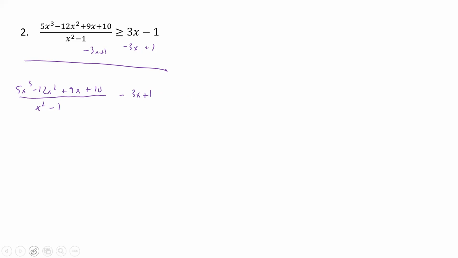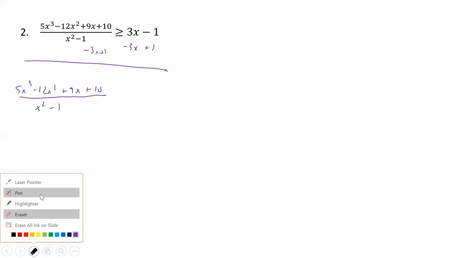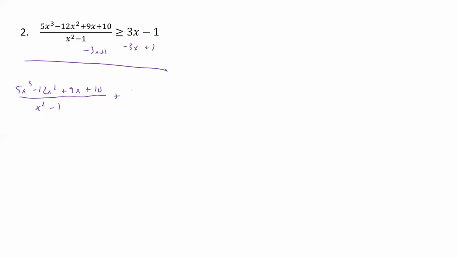Since we have to multiply anyway, let's just do it all in one thing. So it's going to be plus negative 3x plus 1. Okay. Now we have to get this to have the same denominator as that. So I'm going to have to multiply by x squared minus 1 over x squared minus 1.